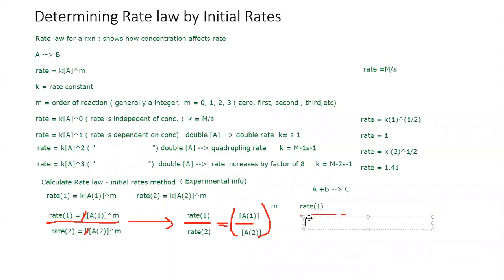So when we're determining the orders of reaction for 2 reactants, we need to pick 2 experiments where one of them changes so that we can get the first order of reaction, and then if possible, we pick another set of experiments where B changes and A is constant. So we have K, A1 to the M, B1 to the N.